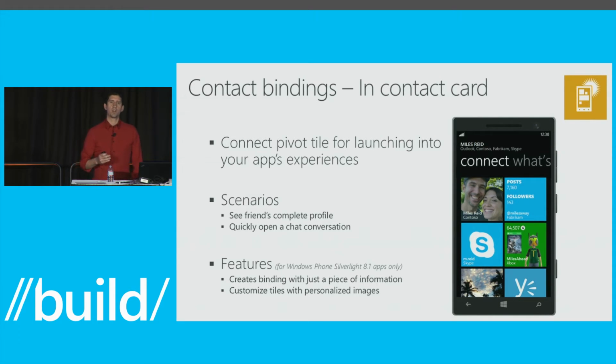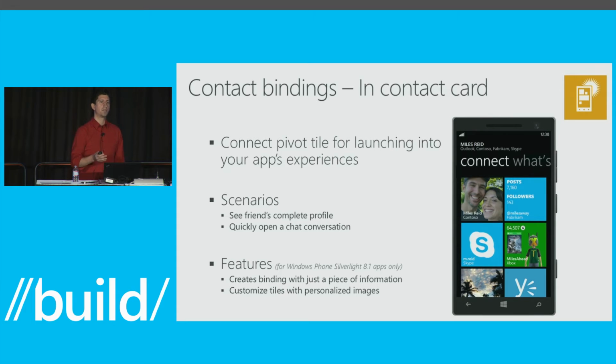This is a case where your application can register for and show up as an opportunity to connect with an individual contact. When the user taps on your tile in the Connect pivot, we'll launch your application with an identifier telling you which contact it is. And you can bring them to a rich experience showing a deeper profile information, social networking information, maybe gaming interests, browsing music.